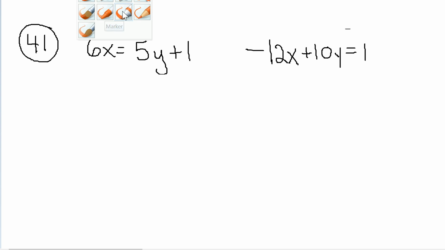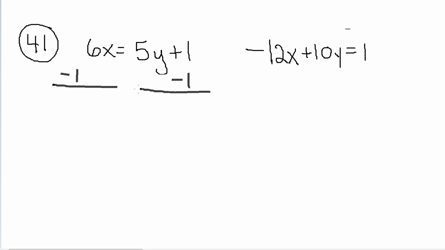First of all, so what am I going to do here? This is kind of a little backwards. Let's try it. Can I rearrange this? I'll subtract 1 from both sides. Then I would have 5y equals, this I could write as 6x minus 1. And then I could divide everything by 5.